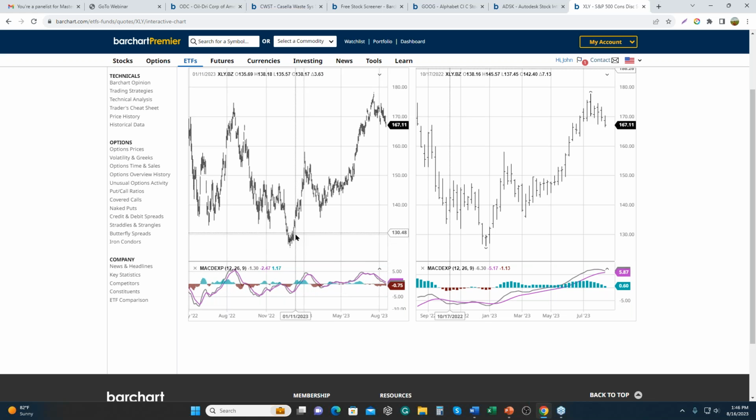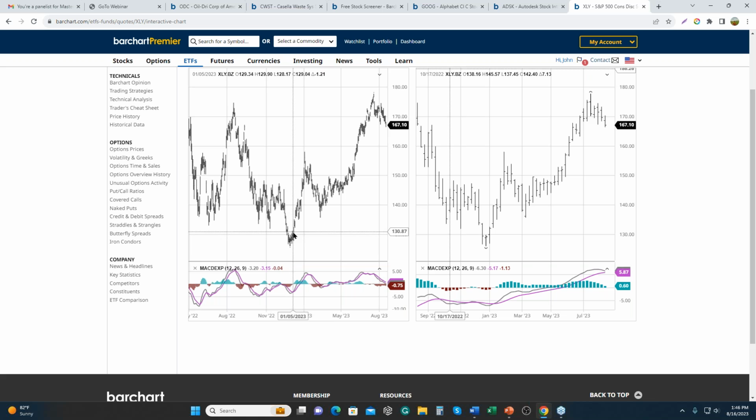Then we made a new higher high and a new higher low, so there's our confirmation of the trend. Then we got another crossover right around March of this year. Now, could this have been an actual trade? Could this have been an opportunity to jump in right here?